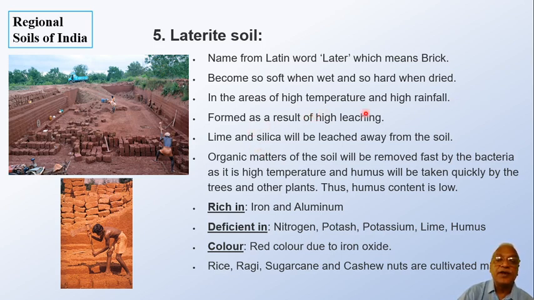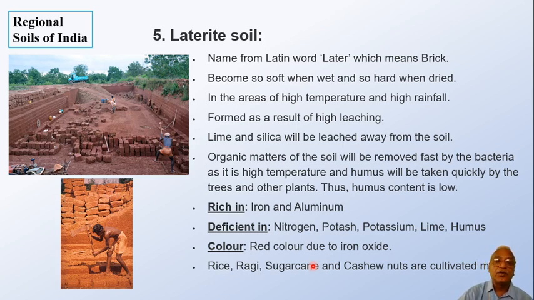In areas of high temperature and high rainfall, it is formed as a result of high leaching. Lime and silica will be leached away from the soil. Organic matter is removed fast by bacteria as it is high temperature, and humus is taken quickly by trees and other plants.